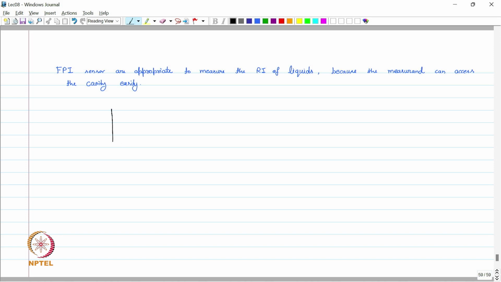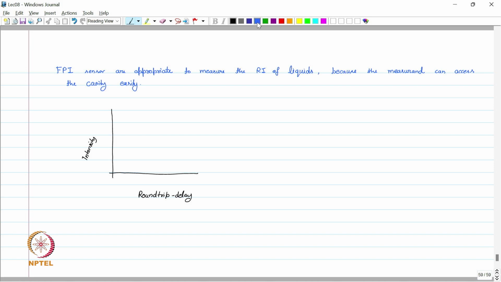First we plot the normalized intensity on the y axis, and the round trip delay, which is nothing but the phase difference.